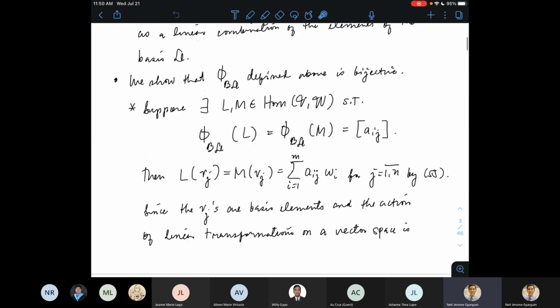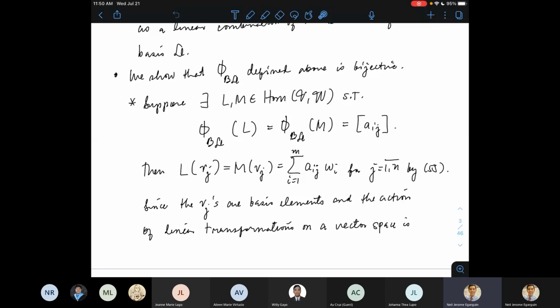And then the next step is to show that phi is bijective, right? So what we'll do is first show that it is monic. To show that it is monic, let's assume two elements of the domain of the map phi, right? Let's call them L and M, such that they share the same function value.